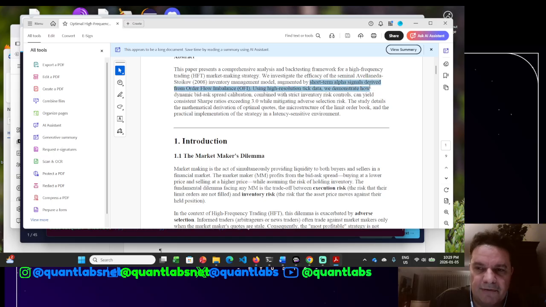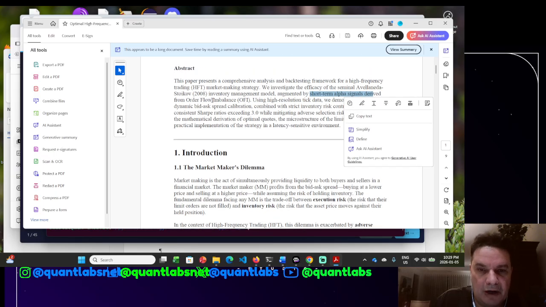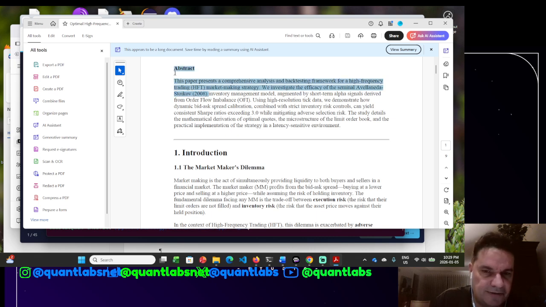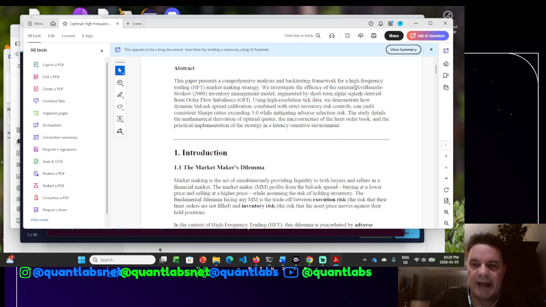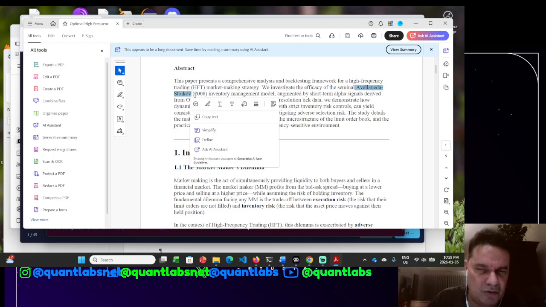It involves short-term alpha signaling derived from the order flow imbalance as well. There's this research paper, and I think there are citations on where to get that paper, for what we'll call the AS model from 2008.